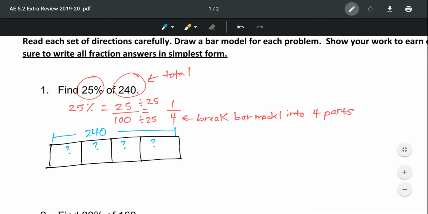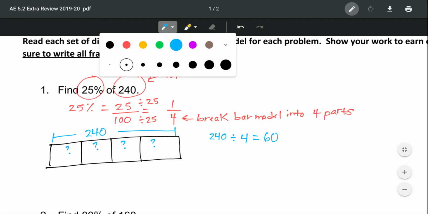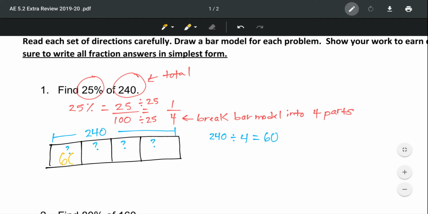To do that, you take 240 and divide it by 4. That value would be 60, so the value of each of these parts is 60.